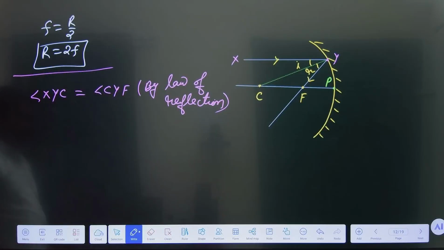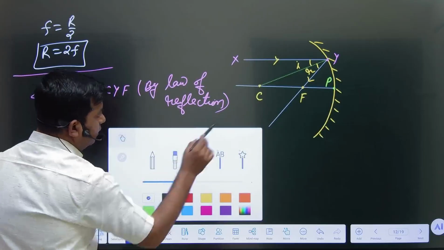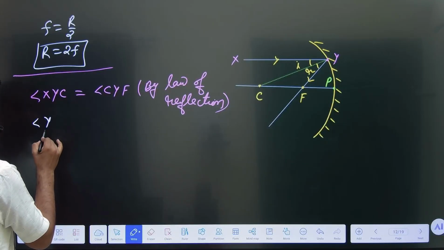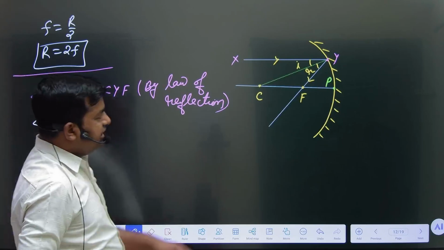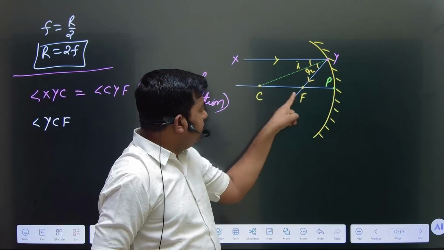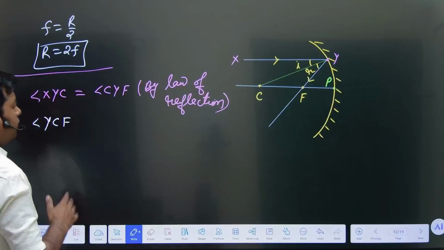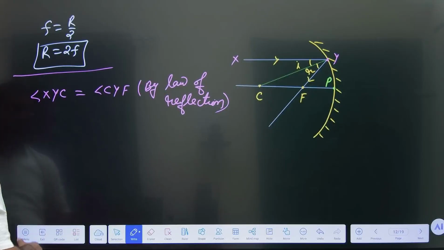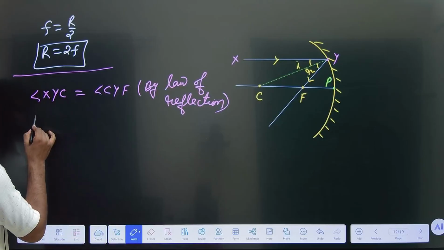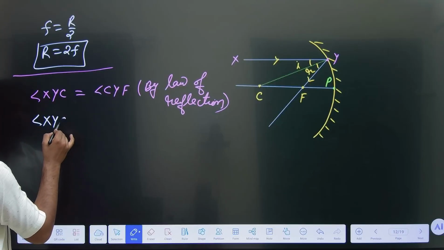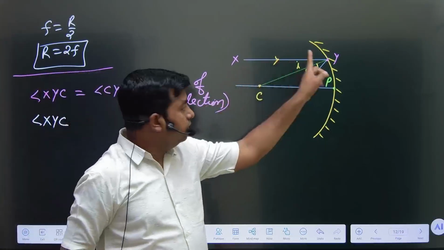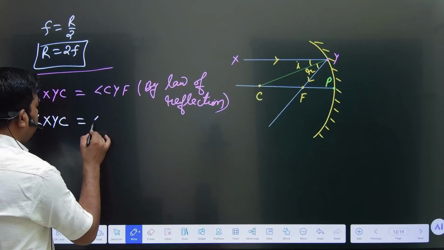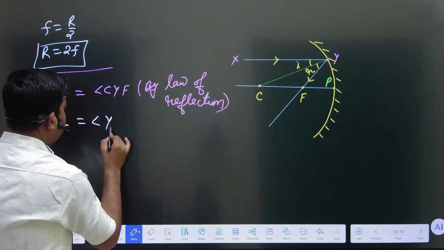Now after that, we write angle YCF. First we write angle XYC. This angle XYC is equal to angle YCF.